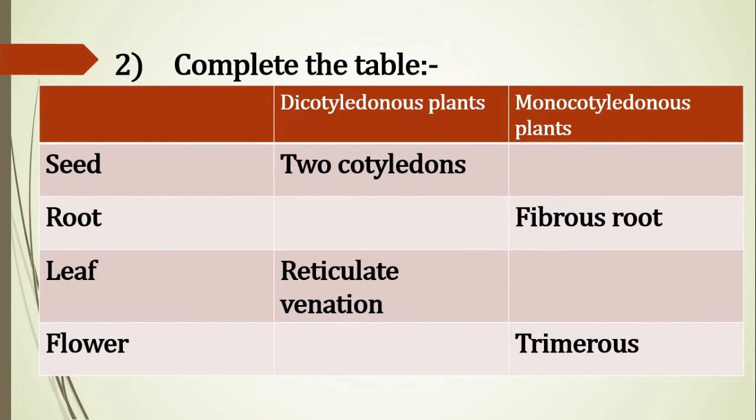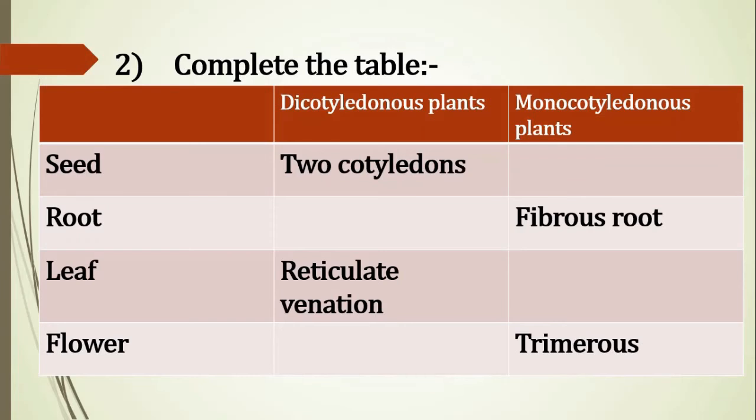There is a comparison between dicotyledonous plant and monocotyledonous plant. Seed. In dicotyledonous plant, there are 2 cotyledons. In monocotyledonous plant, it is single or 1 cotyledon. Root. In dicotyledonous plant, it is taproot. And in monocotyledonous plant, it is fibrous root.